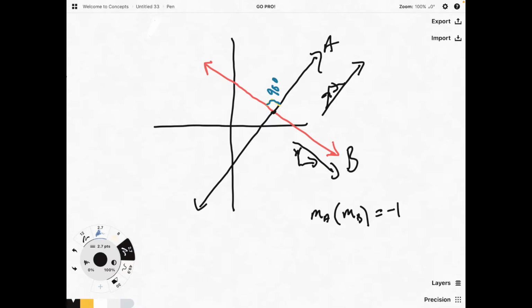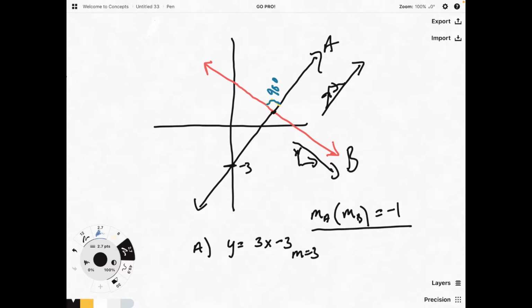For example, if line A has the equation, and we're just going to make something up, let's say y equals 3x minus 3. So we're saying that it crosses here at negative 3, and that the slope is 3. And because we know the slope of line A, for B, all we would need to do is use this theorem to solve for what it would be.